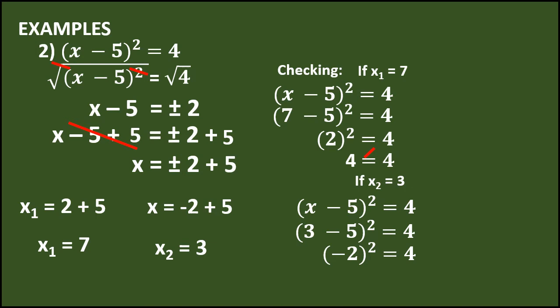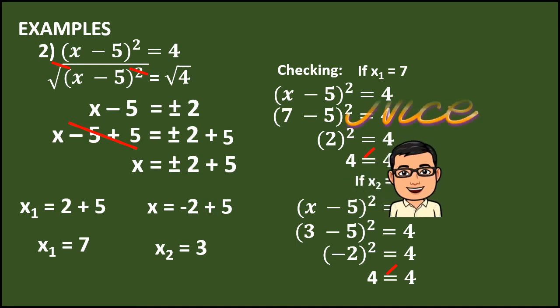We have quantity negative 2 squared equals 4. And negative 2 times negative 2 is positive 4. So they are equal. Again, we are going to accept 3 as a solution to the given quadratic equation. So we have two answers. 7 and 3 are the solutions to the quadratic equation quantity x minus 5 quantity squared equals 4.